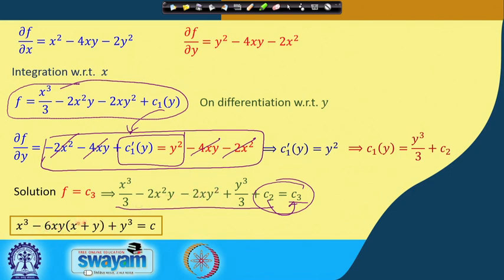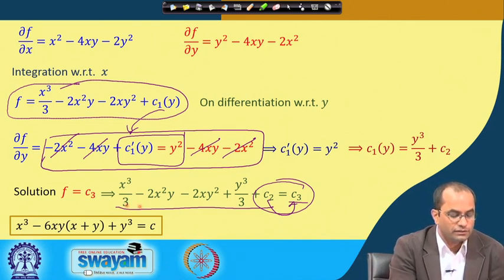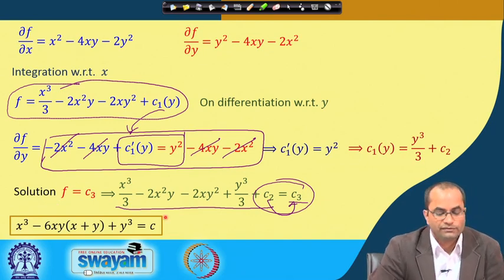So, that will be also 6 x y square, and plus this y square when multiplied by 3, and c 3 minus c 2 we have taken as another constant, with multiplication by this 3. So, that is the solution of this differential equation which we have considered.